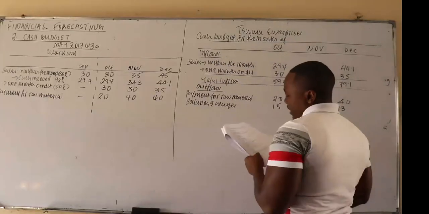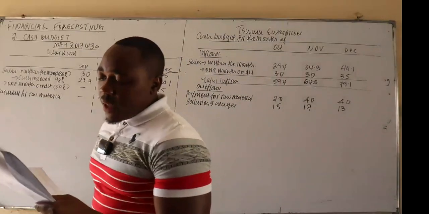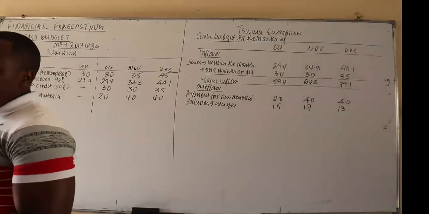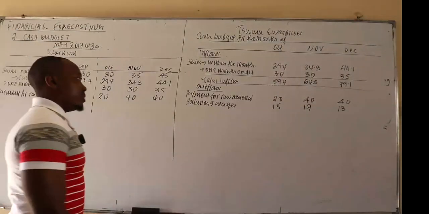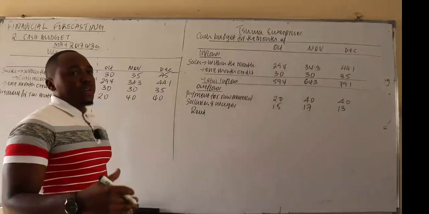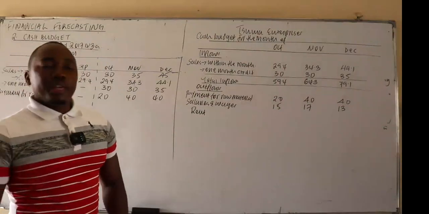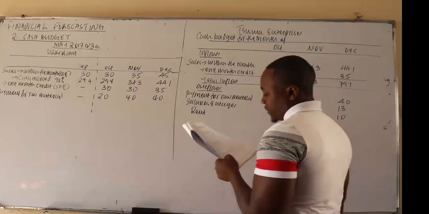And then we have 13. Note number 2. A rent of 10 million for each quarter is paid in March, June, September, and December. So there is payment of rent, payable each quarter. So in December, you pay an amount of 10.